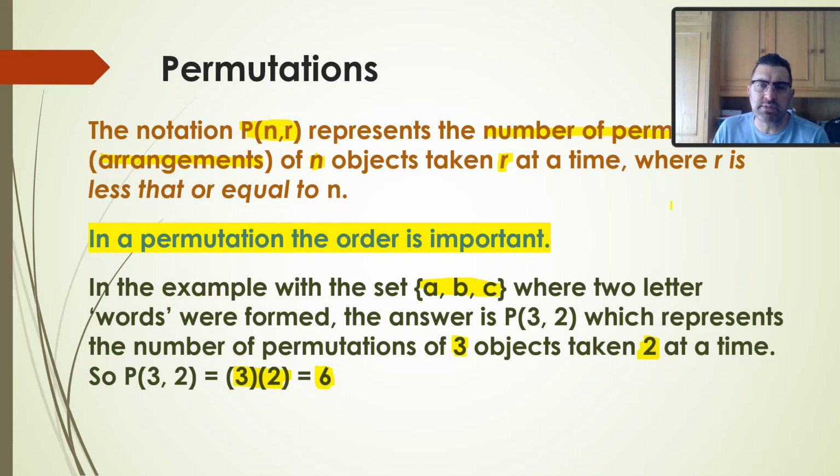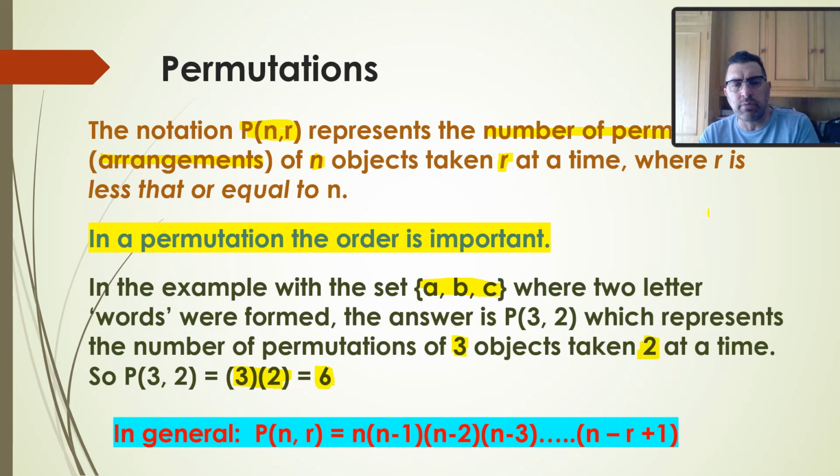In general, PNR would be N times N minus 1 times N minus 2, N minus 3, until you get to N minus R plus 1. So PNR means basically N factorial, but you stop the N factorial when you reach N minus R plus 1.